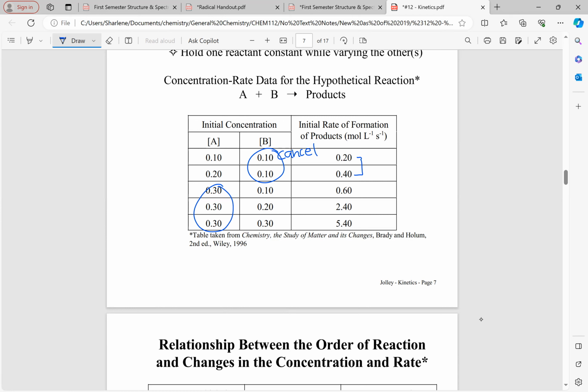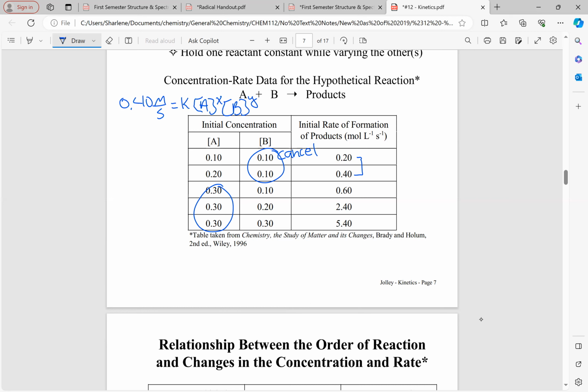I like bigger numbers, so I'm going to put this one on the bottom. 0.40 molarities per second is equal to K times, the rate law would be A to the X, B to the Y, okay?